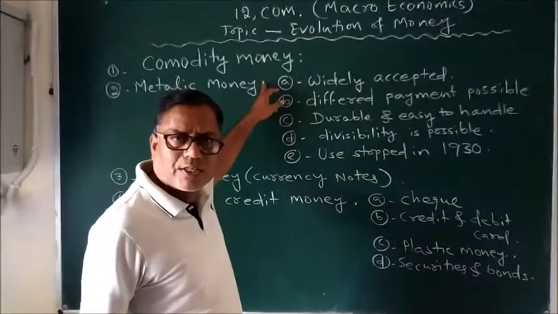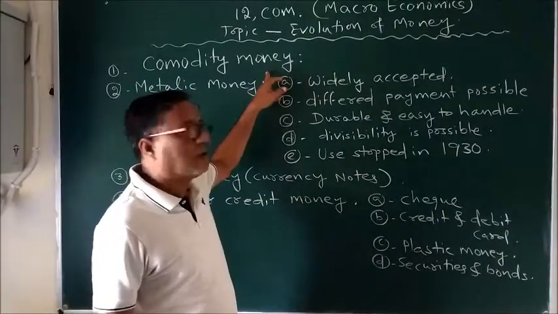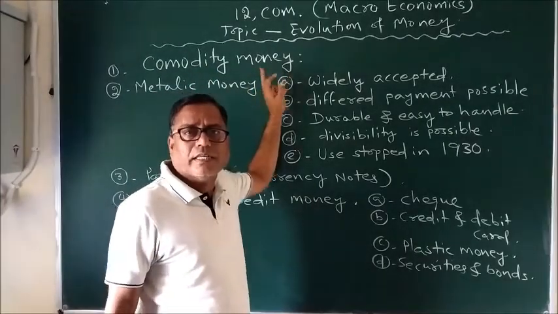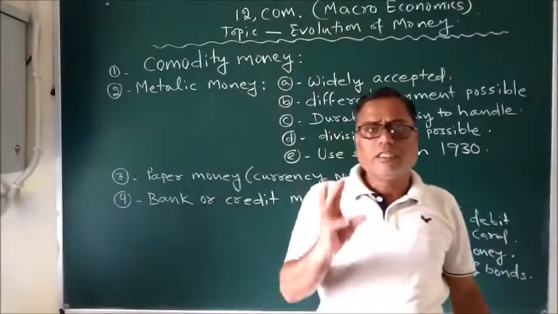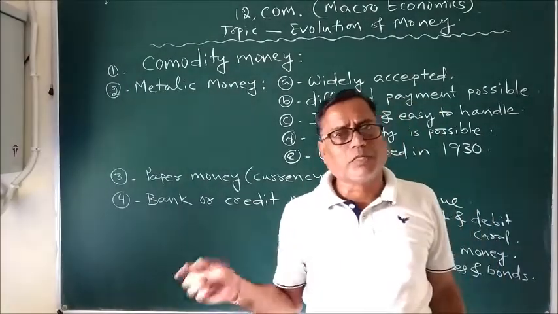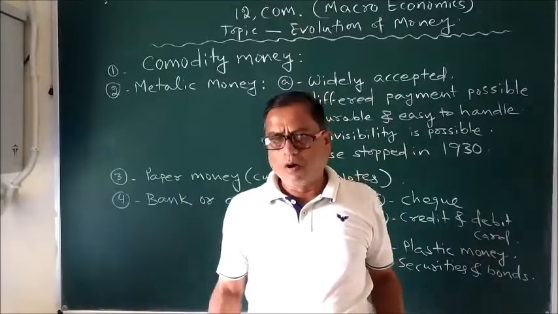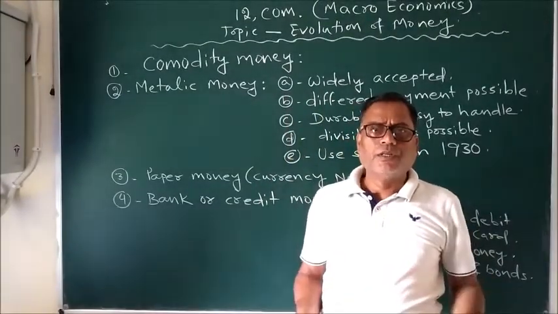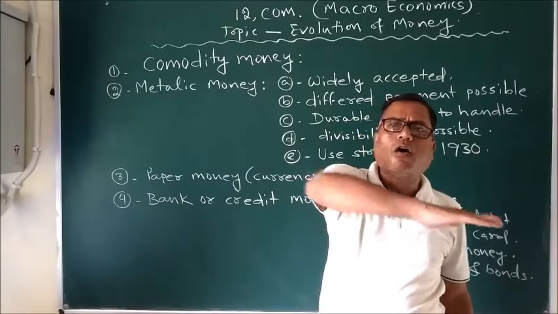So in the quest of this, people started using commodity money. Commodity means some goods that is treated as money. So now you imagine what type of goods can be used to measure the value of all other goods.